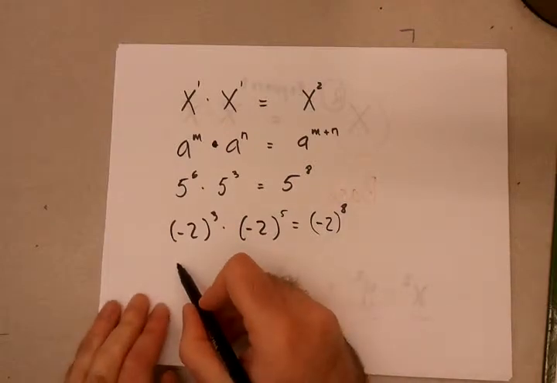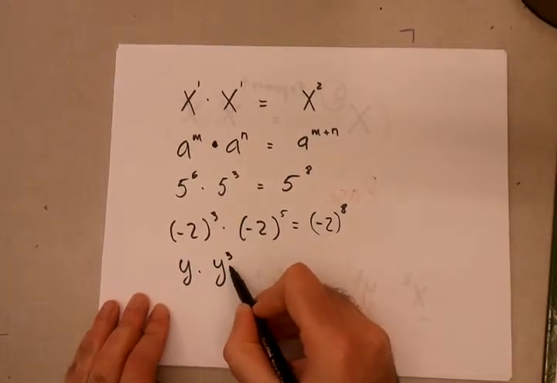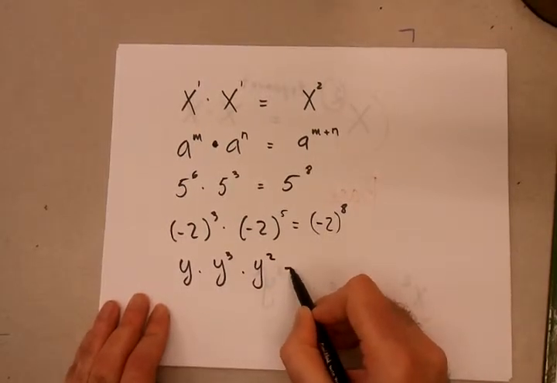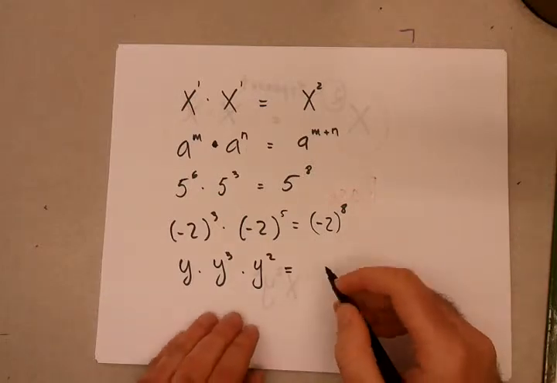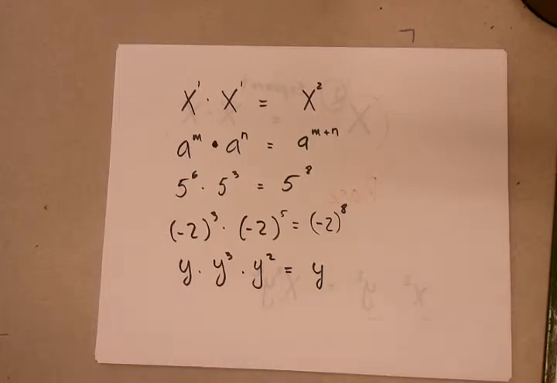Let's do this one. We have y times y to the third times y to the second. The bases are all the same and we're multiplying exponential forms. We're going to keep the base y because that doesn't change.